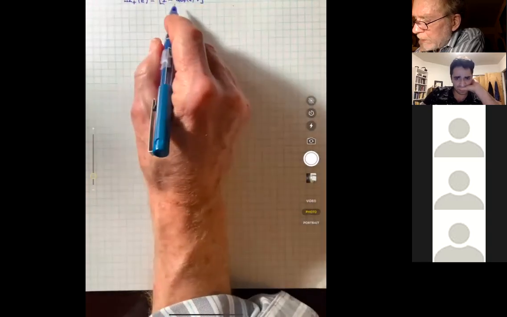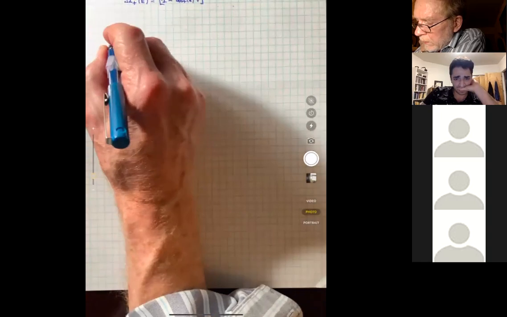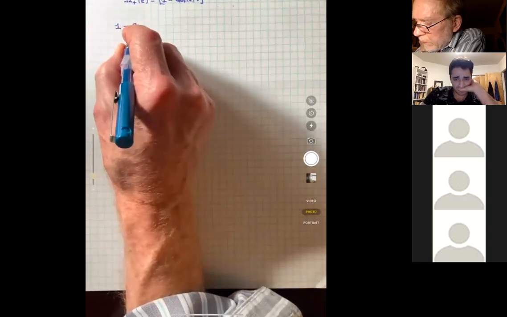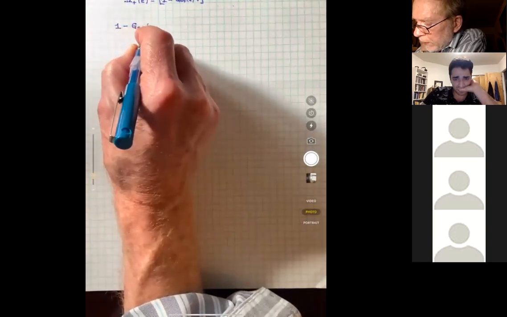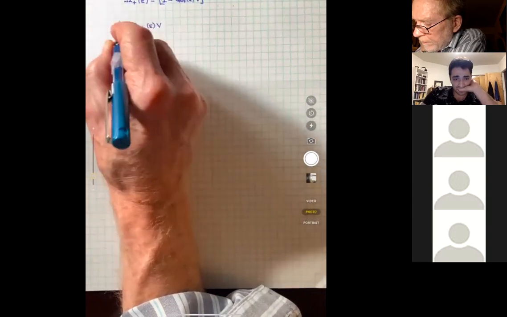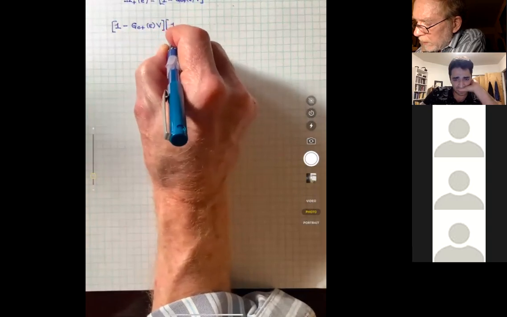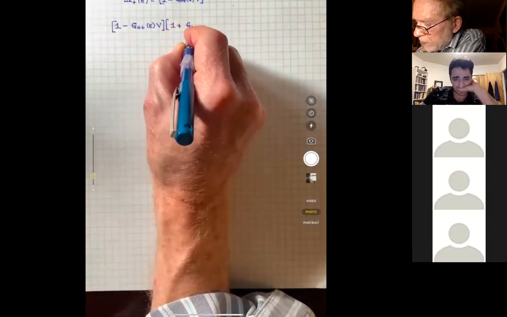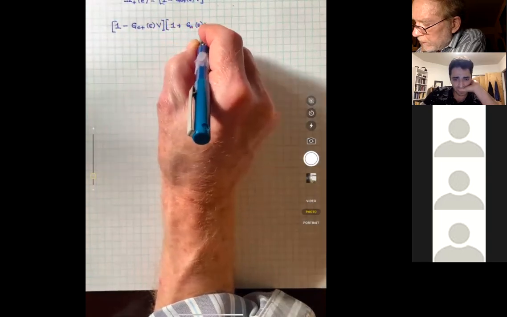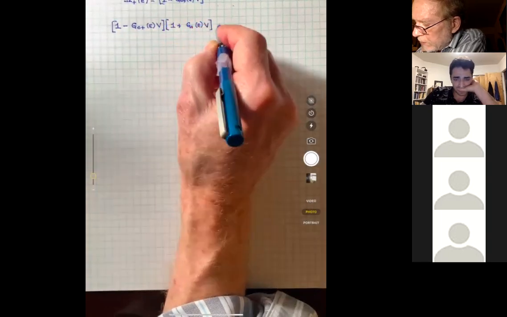So inverting this operator is of interest. Well, it turns out there's a curious identity, which is this. It's 1 minus G0 plus of E times V, not inverse, multiplied times 1 plus G plus of E times V, is equal to 1.